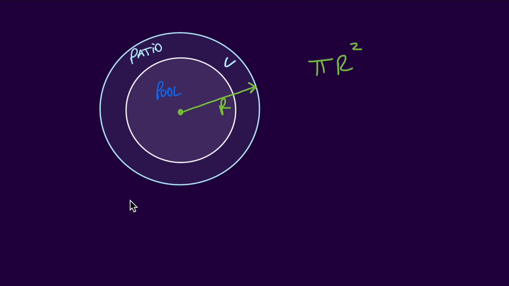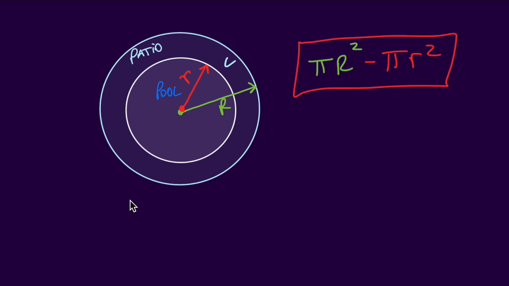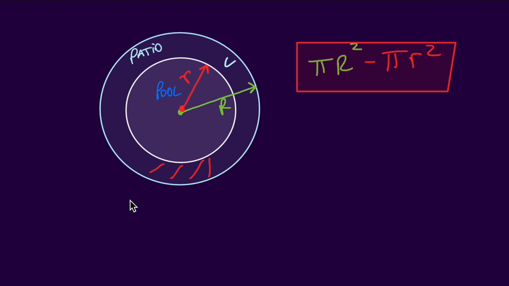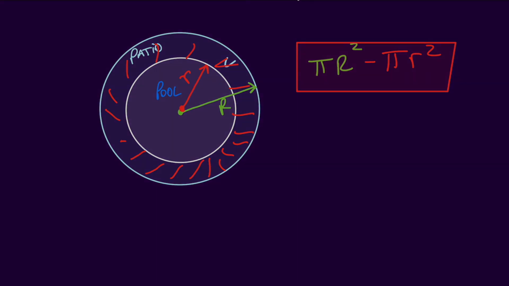And then we're going to subtract the area of the pool, which is going to have a smaller radius. We'll call that little r. And this formula is going to give us the area of the patio around the pool. And that is going to be the concept of using the washer method to find the volume of the rotation.